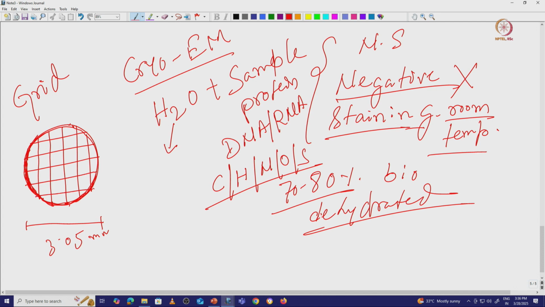These individual squares are empty. If I target one small square, it is completely empty, nothing is there, and this is the copper bar, made of copper.